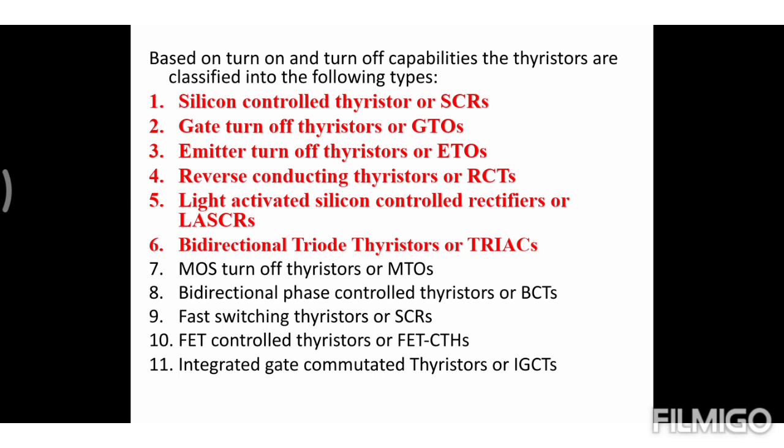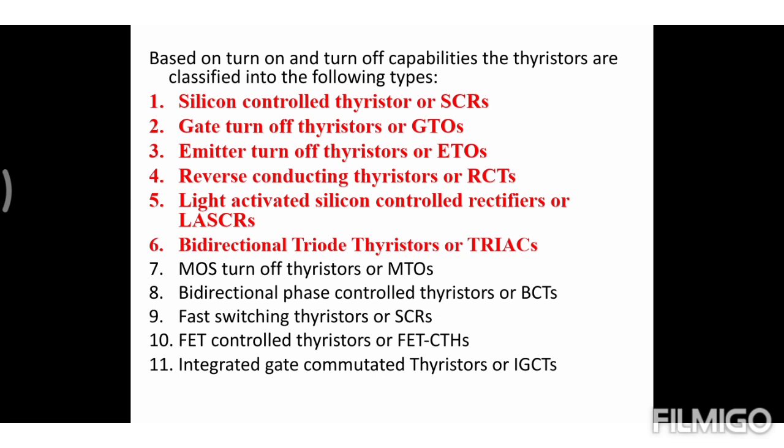Fourth one is the reverse conducting thyristor or RCT. Fifth one is the light activated silicon controlled rectifier or LASCR. And sixth one is the bidirectional triode thyristor, also called a TRIAC. And seventh one is the MOS turn off thyristor or MTO.